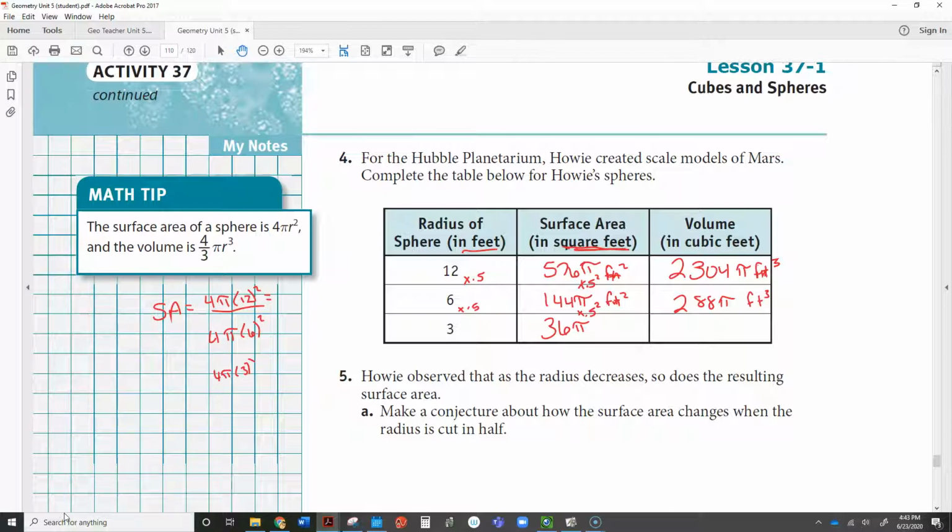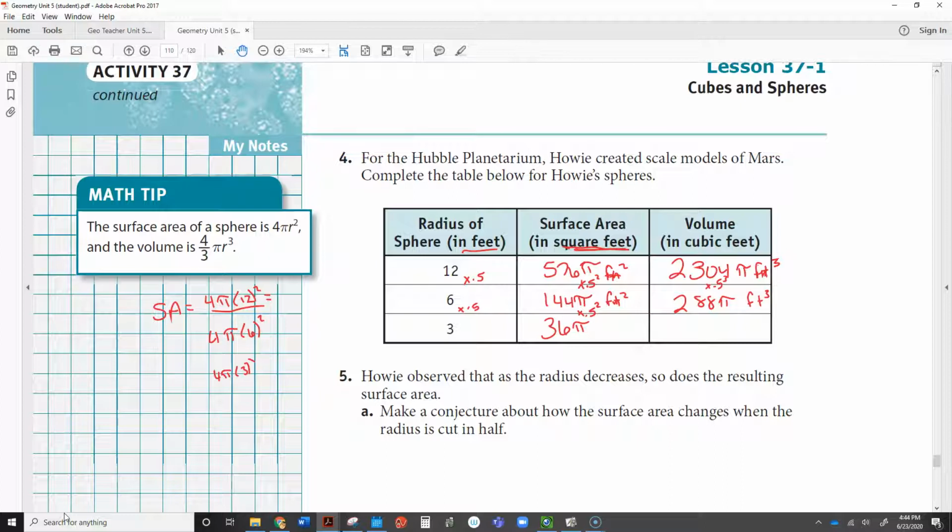You take the change in the radius, and to find the change in the surface area, you square your change. What are we going to do over here to find the change? We're going to take that 0.5, and we're going to cube it. So take this and multiply it by that, and I bet you get 288.